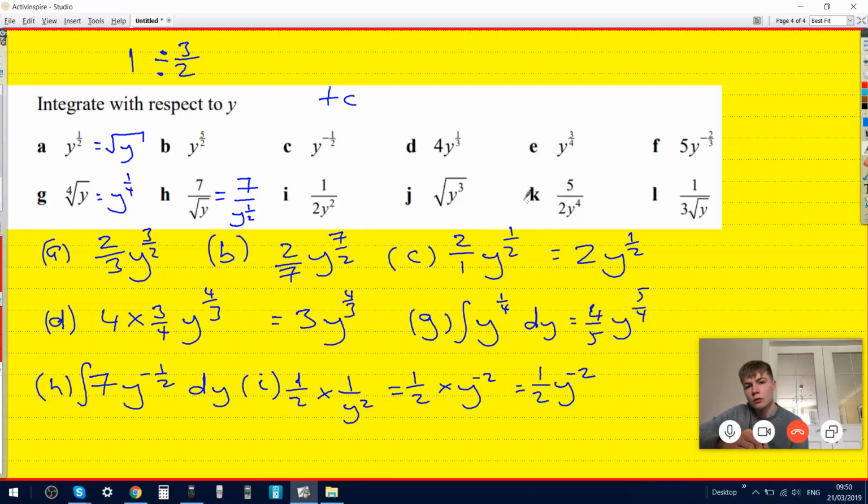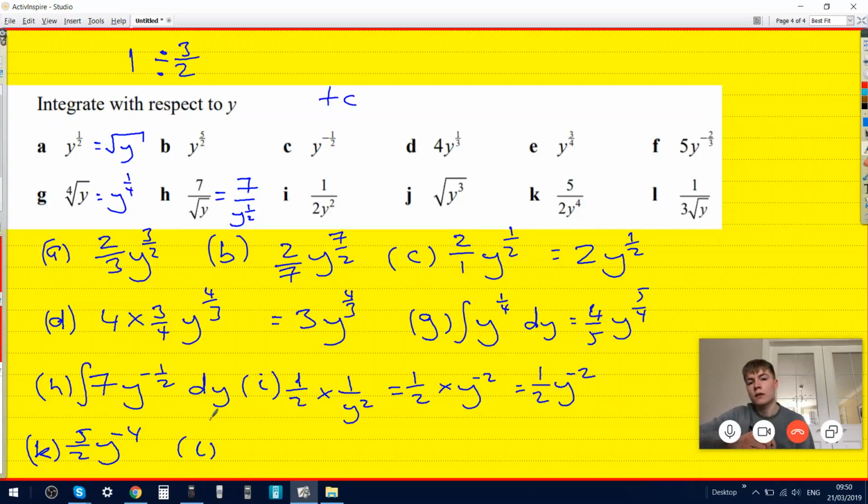Try k. Five over 2 y to the minus 4. Brilliant. And try L. Just y to the minus a third.